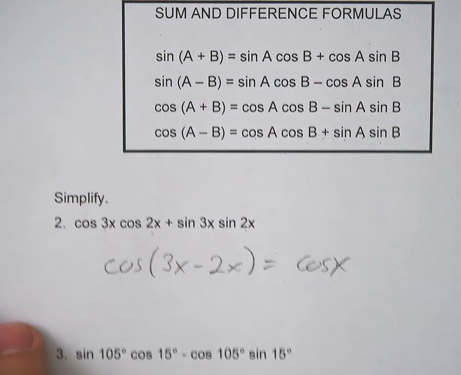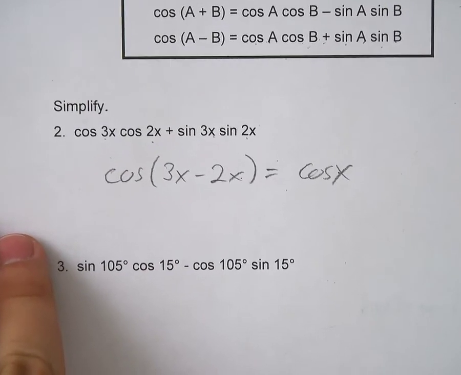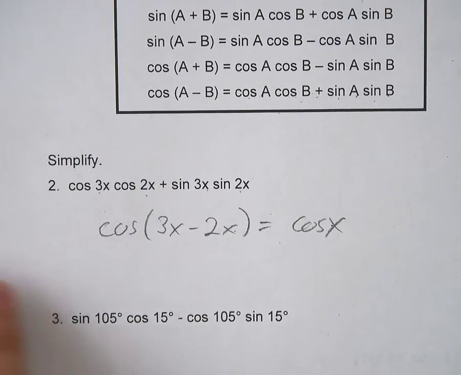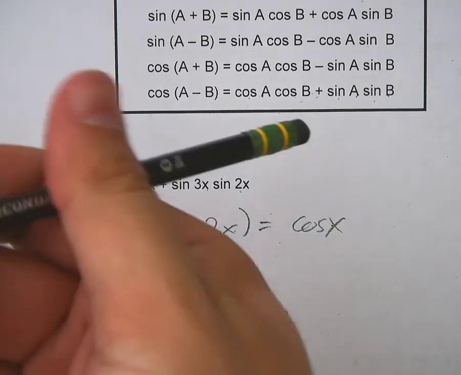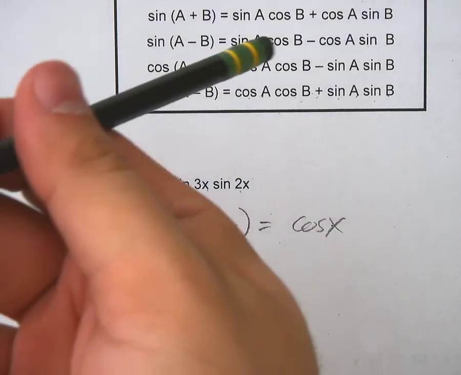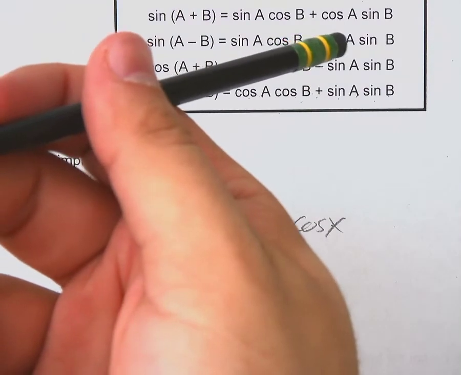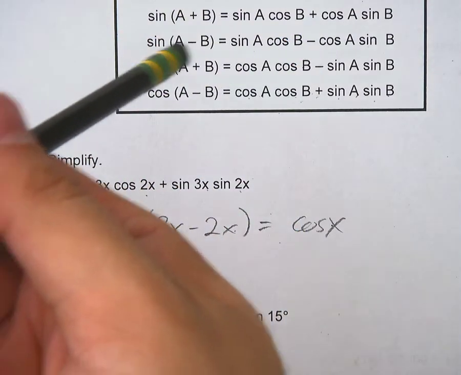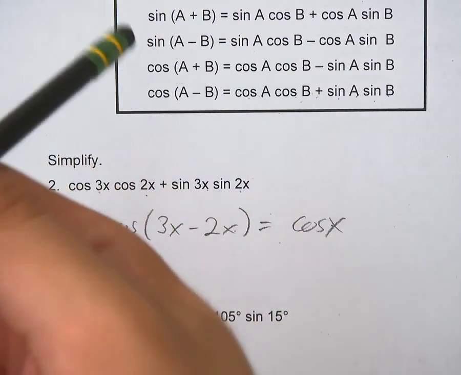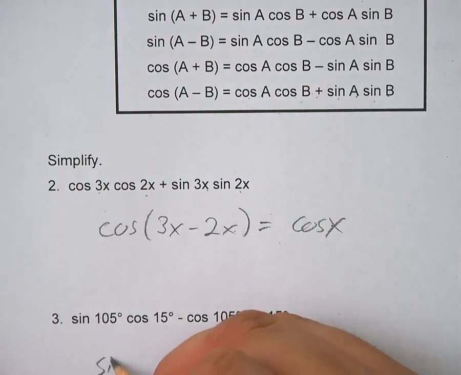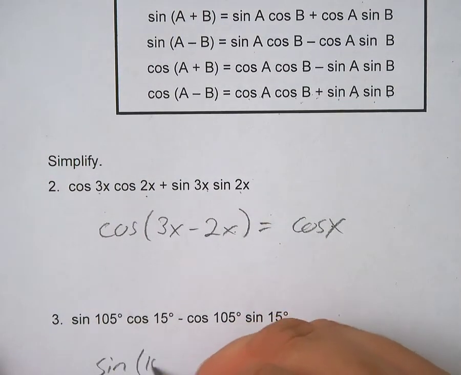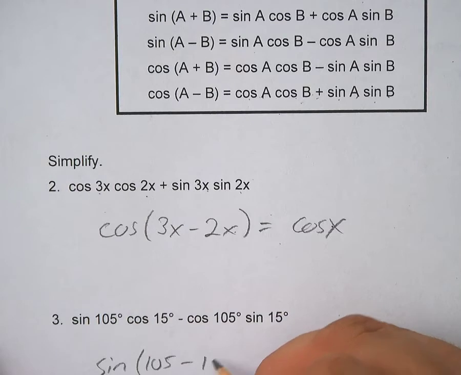Okay? So down here, number 3, sine 105 cosine of 15 minus cosine 105 sine 15. Sine cosine minus cosine sine. It's sine of A minus B. That's going to be the sine of 105 minus 15.